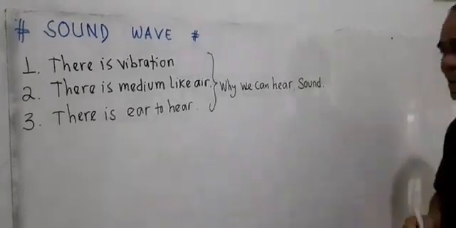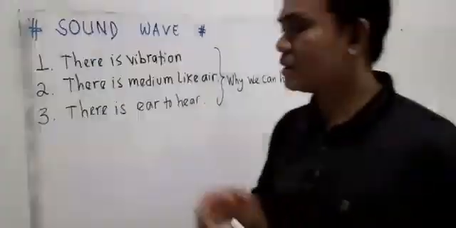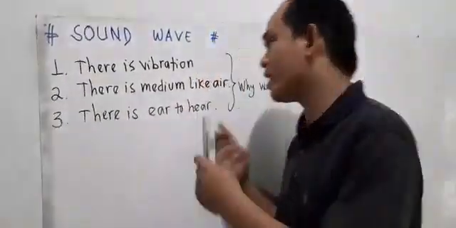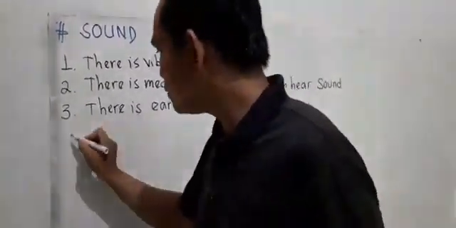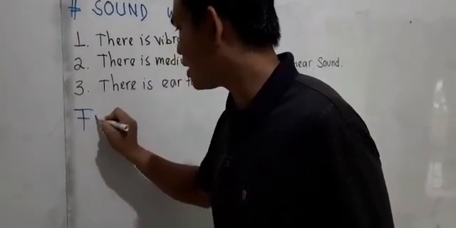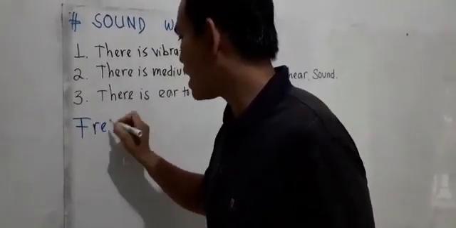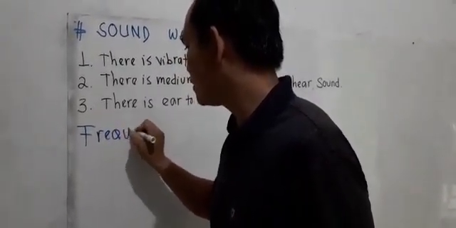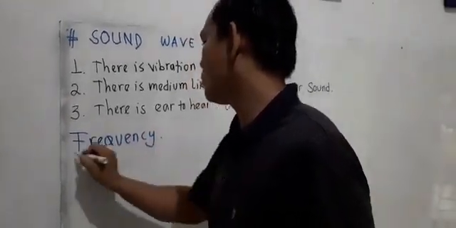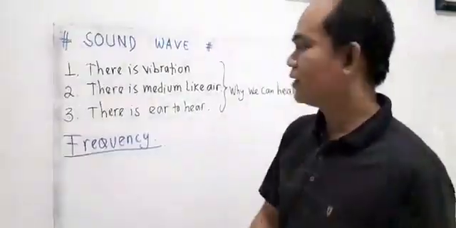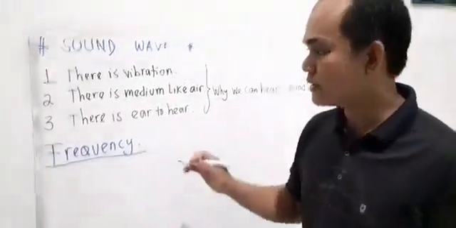Okay, so now after we know the requirements of why we can hear the sound, now we have to know the first characteristics of sounds, which is very common, which is frequency. So what is frequency?